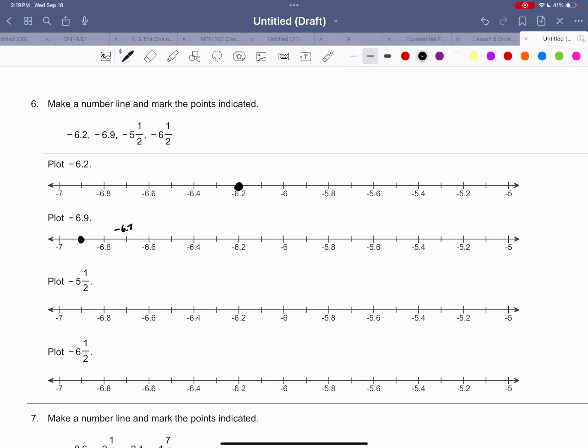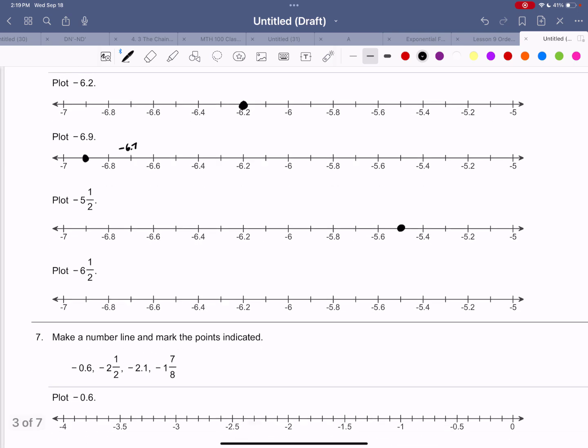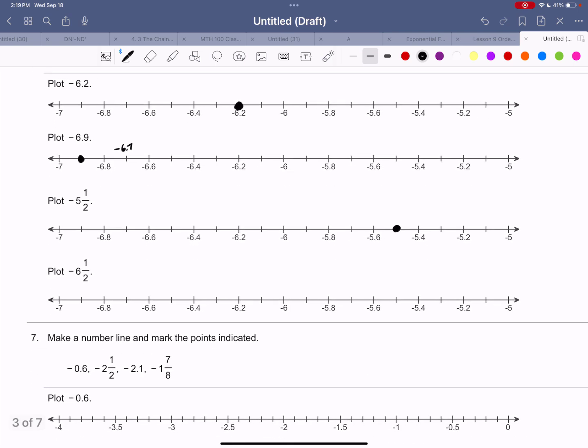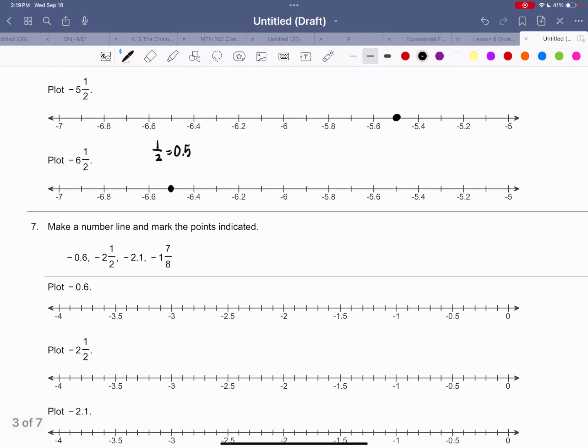Negative 5.5 is negative 5.5, so it'd be halfway between negative 5.4 and negative 5.6. Negative 6.5 would be negative 6.5. Remember, a half is 0.5 if you divide that on your calculator.